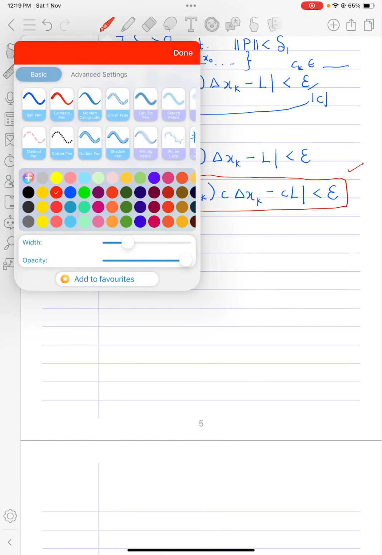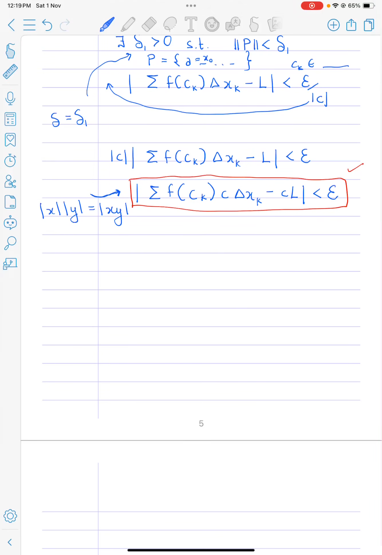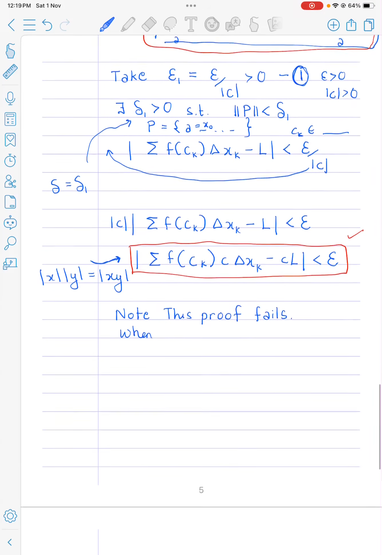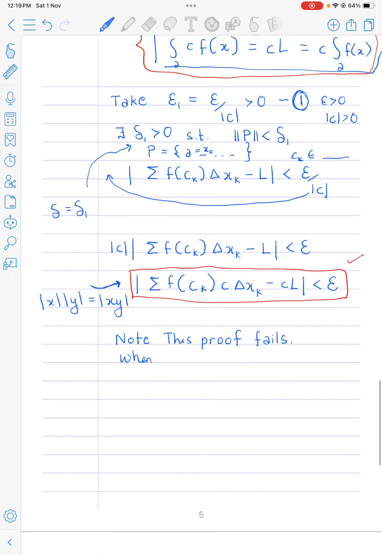That this proof fails when c is equal to 0.